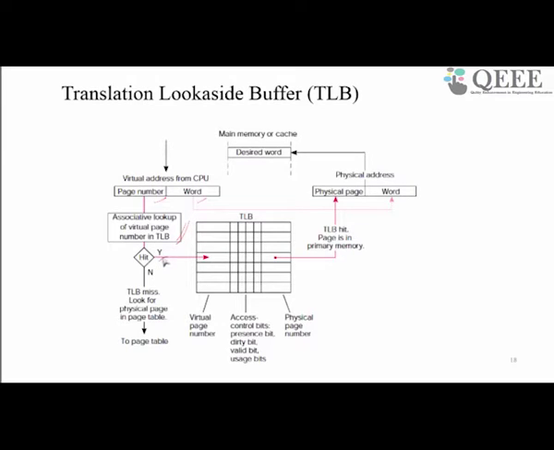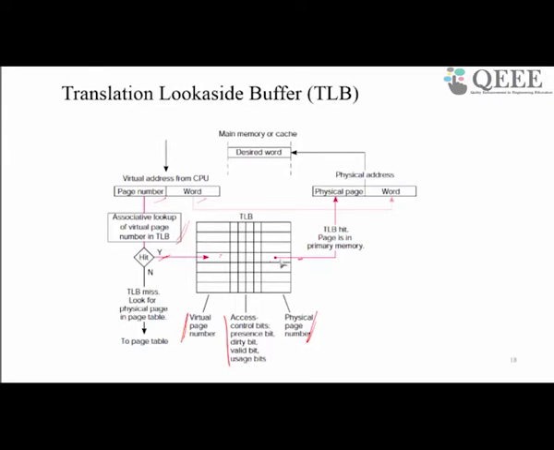If there is a TLB hit, then we go to the corresponding TLB entry. You will have these virtual page number and physical page number pairs along with some other access control bits.